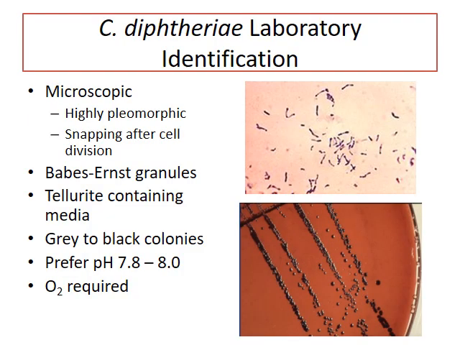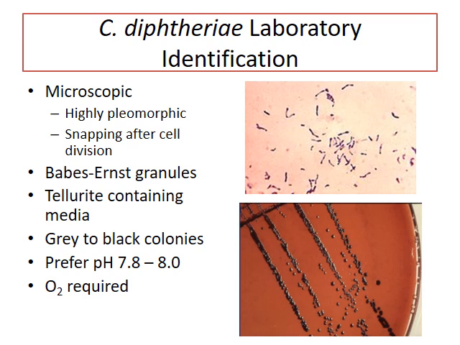So Corynebacterium diphtheriae, to identify it in the laboratory microscopically, this one's going to be one of the more pleomorphic. So you can see it's not as even as other Corynebacterium will be. You can see the granules at the surface, and it's kind of sloppier looking. And that has to do with the snapping that occurs as it snaps apart on the long axis.